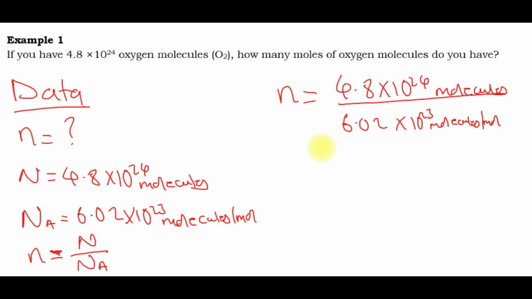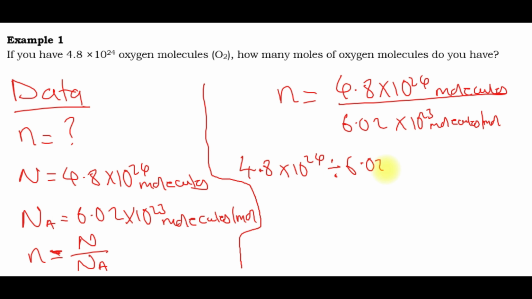All right. So now there's a common mistake that pupils tend to make with this question. When pupils are punching this on the calculator, most pupils will say 4.8 by 10 to the power 24 divided by 6.02 by 10 to the power 23. So what your calculator will do is follow the BODMAS rule.